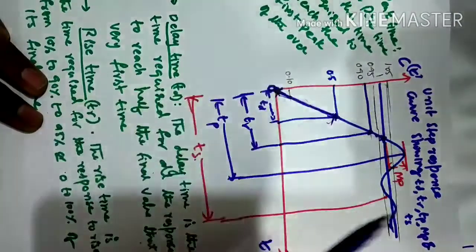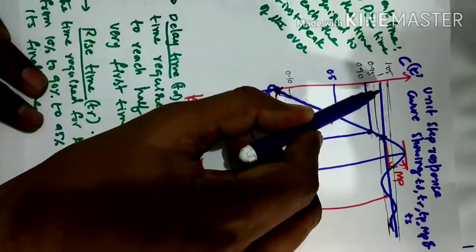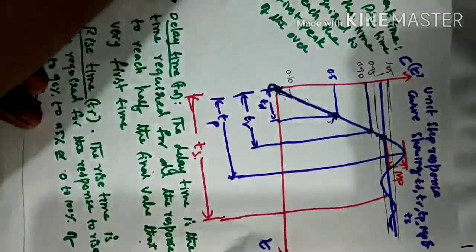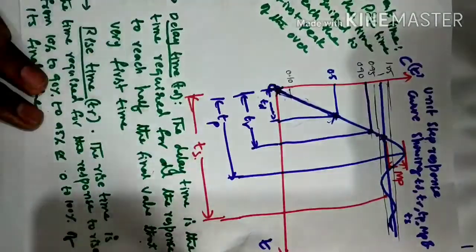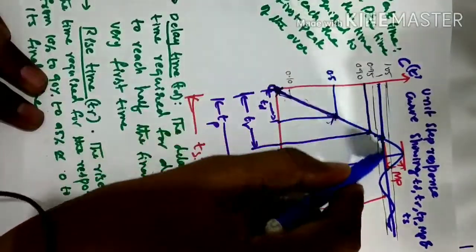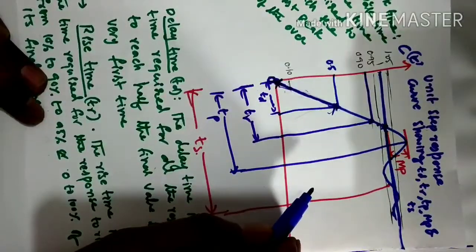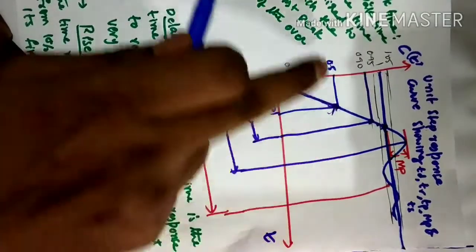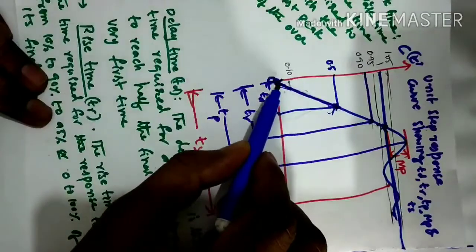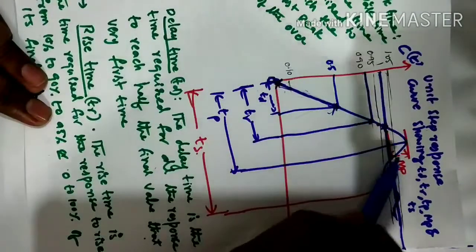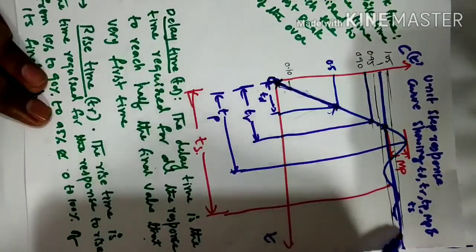This is the input signal, a step signal given to the system. When your system is subjected to a step signal, you get this underdamped response.